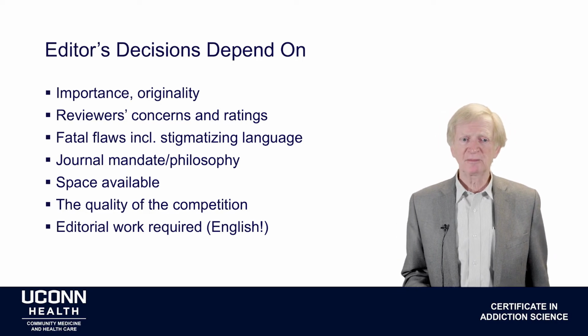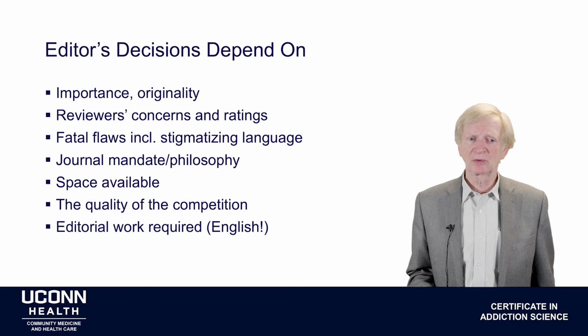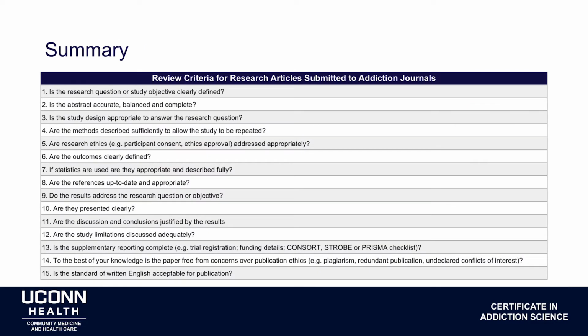So when it comes to critiquing articles, there's a checklist which we will be making available to you that can serve as a guide for a peer reviewer of a journal article. And it consists of about 15 questions plus an evaluation of the statistical analyses and a recommendation.